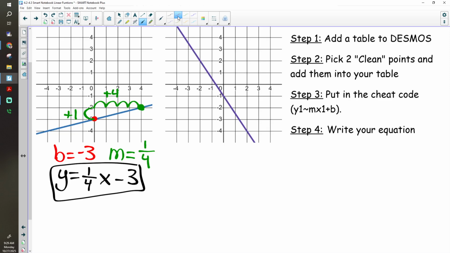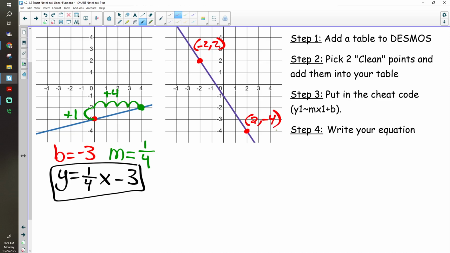I'm looking for pretty points. For instance, right here is a pretty point: -2, 2. I need one more. Find another. Doesn't matter where, any other pretty point. 2, -4. Great. Is that the only one you could have chosen? No, but any 2 work.